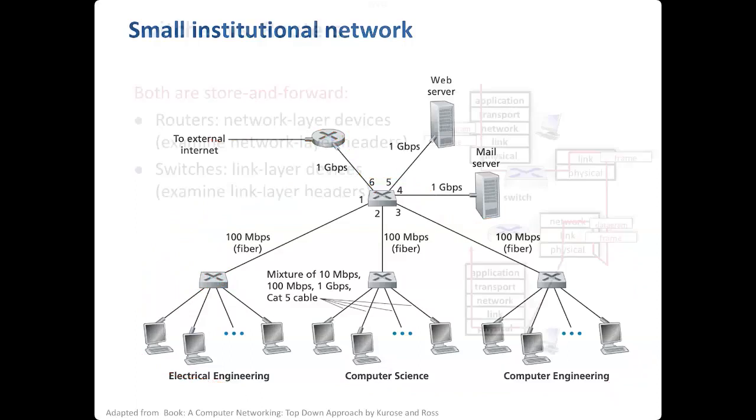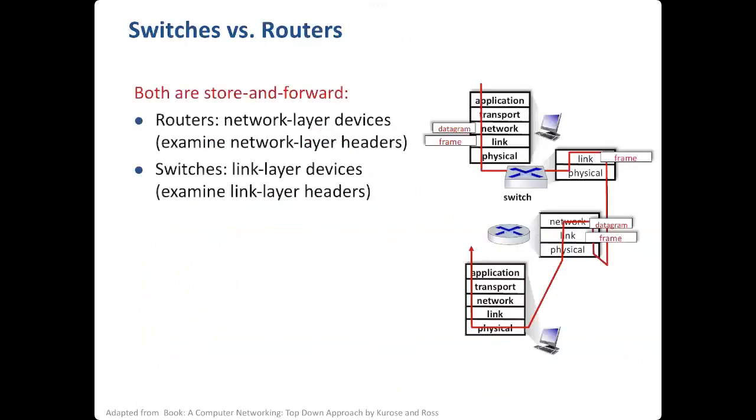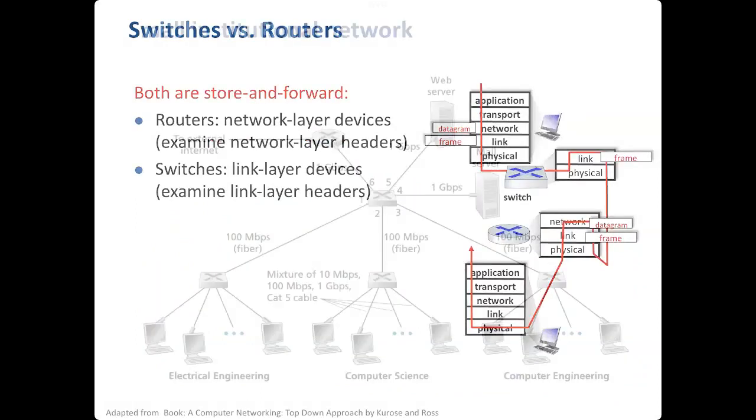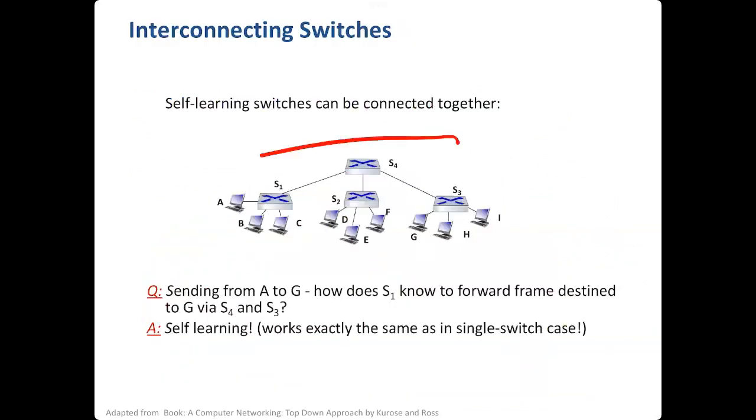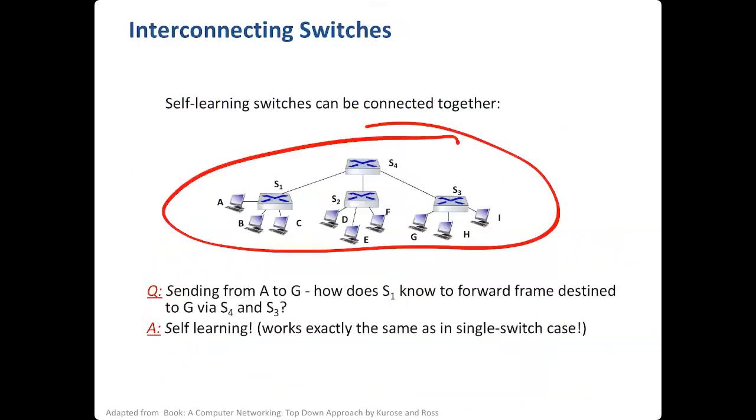But the disadvantage of having a very large number of machines over Ethernet is the broadcast. Whenever the switch doesn't know where the destination is, it will broadcast to the whole network. So suppose A is communicating to I, and nobody knows where I is.